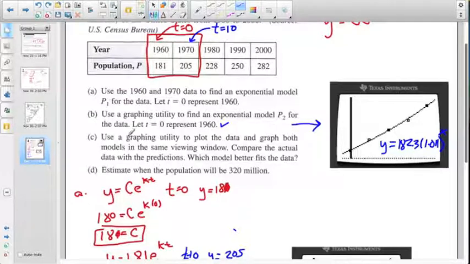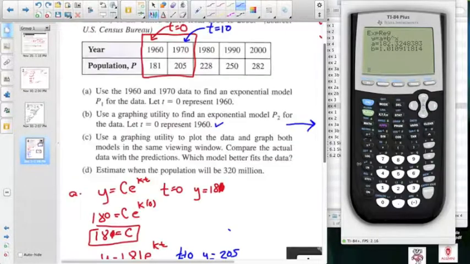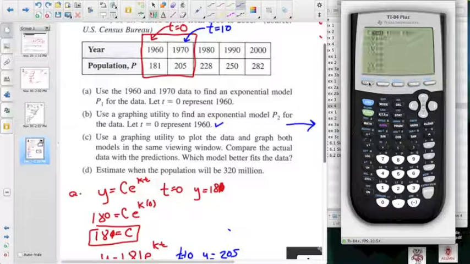It says use a graphing utility to plot the data and graph both models in the same viewing window, and compare the actual data with the prediction and which model better fits the data. If we look at this, in Y1 we can get our statistics in there, and grab our regression equation.